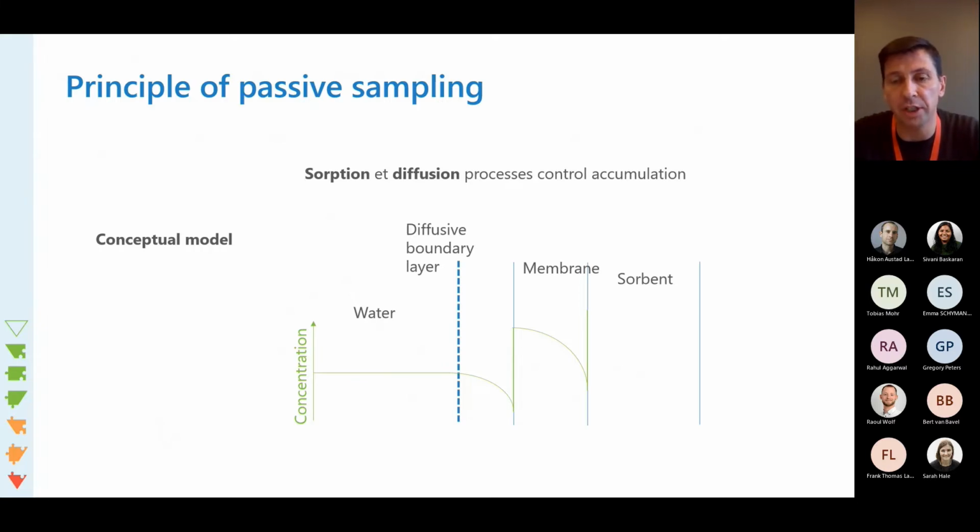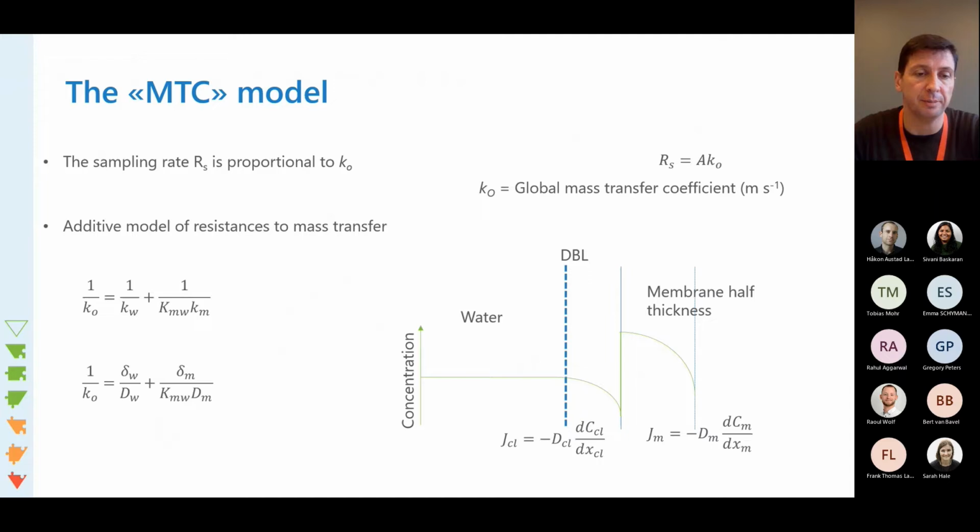The chemical then partitions to a membrane. It will transfer across this membrane and again distribute between the membrane and whatever sorbent or receiving phase is placed at the back of the membrane. That's the most common way to design a passive sampling device.